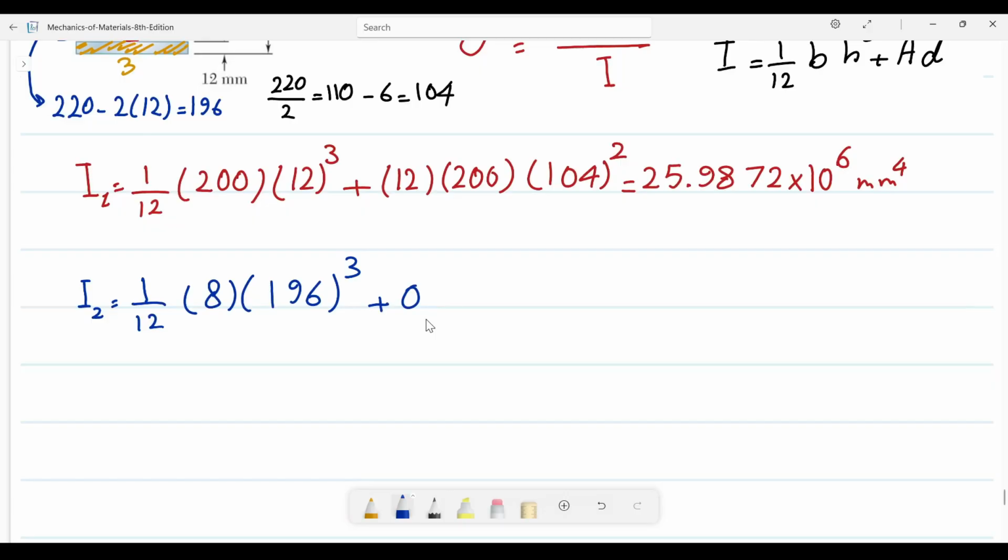And here I2 is equal 5.0197 multiplied by 10 to the power of 6 millimeter to the power of 4.